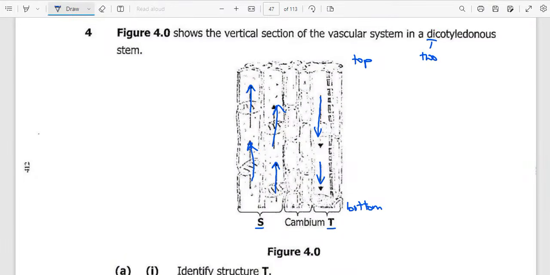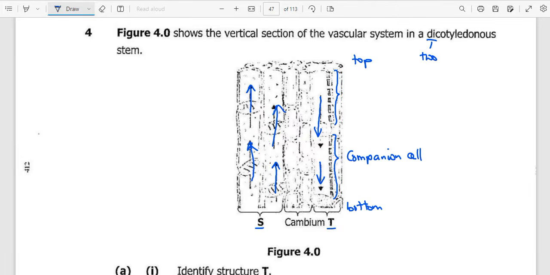When you look here, though it is not very clear, we have other cells. These cells are what we call the companion cells. So these are companion cells. That is the first one that helped us to identify the answer given.